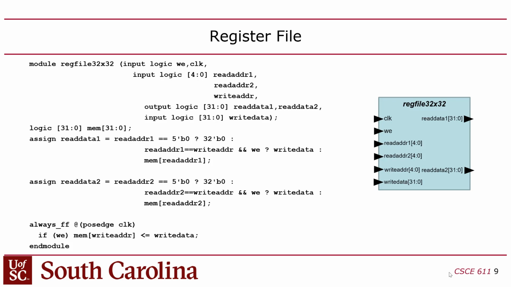But here I have 3 addresses, with 1 port per address, so I can do 1 operation per address on the same shared memory. So this is like a shared RAM with respect to the ports. I can read 2 things and write 1 thing, all in the same memory space.